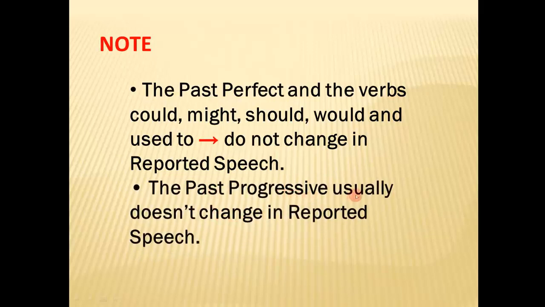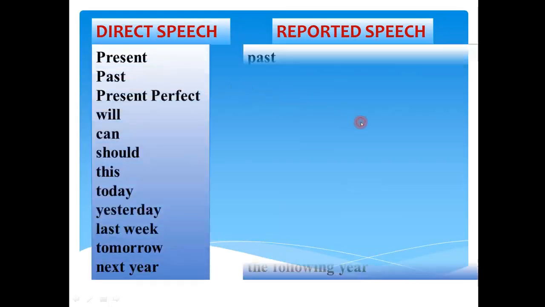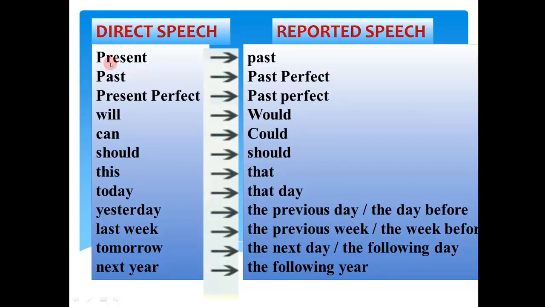The past progressive usually doesn't change in reported speech. Look at the tenses in direct speech and in reported speech. We change present to past, past simple to past perfect, present perfect to past perfect.